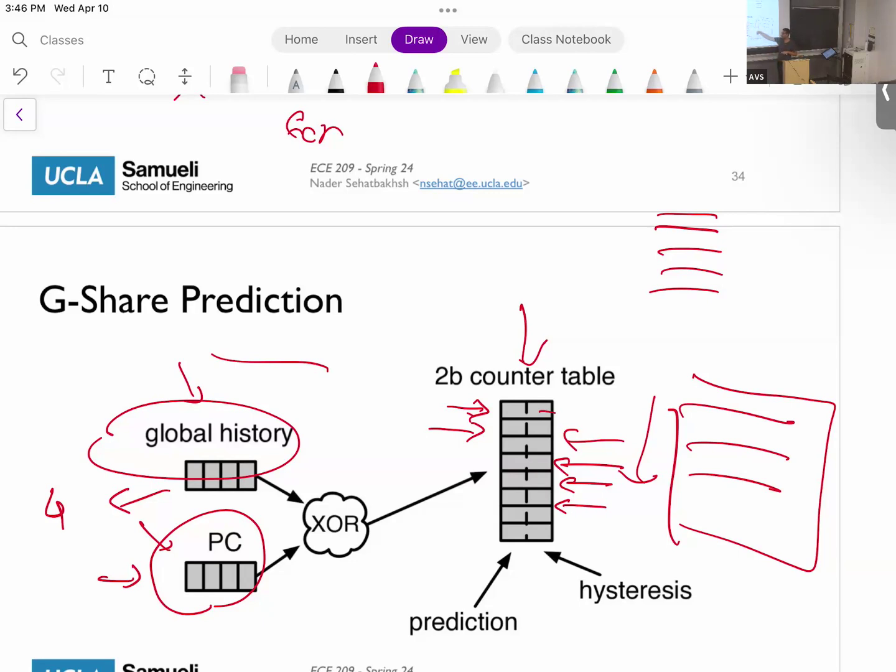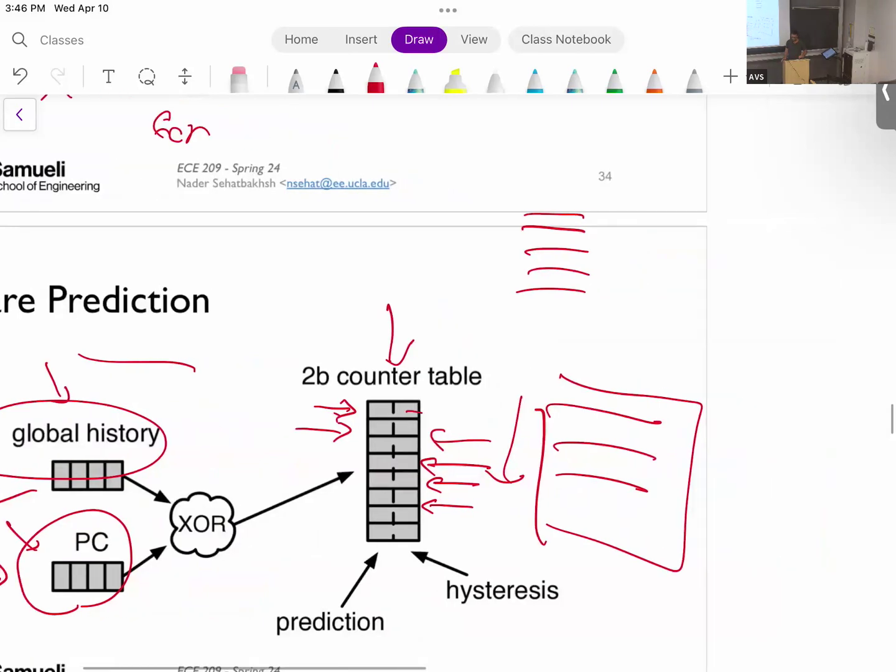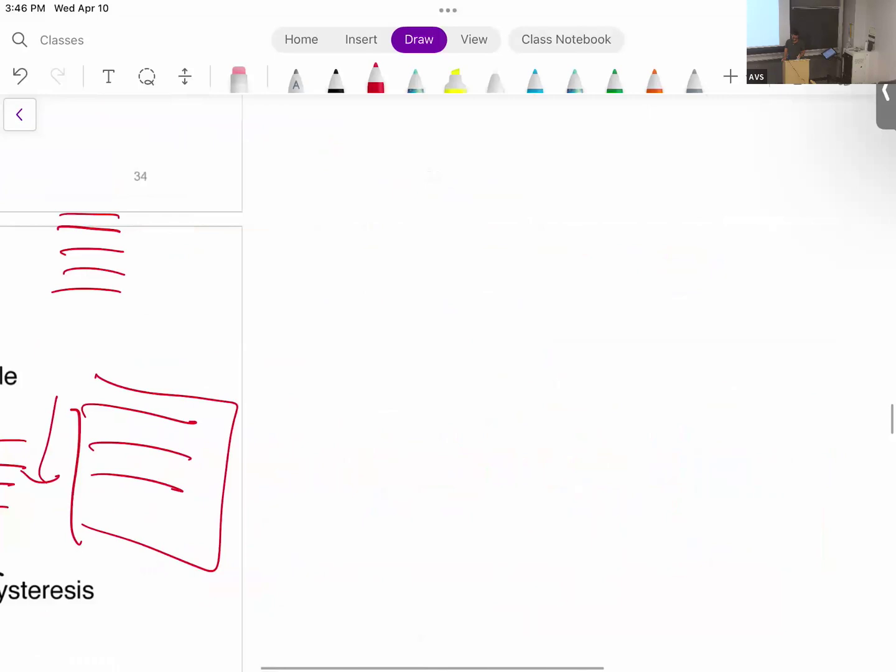Well, if you're going back over and over, at some point you're going to see the repeated entries. Actually, that's exactly what you want. So let's say you have a for loop and an if statement inside, right? So your PC always stays the same. Let's say this is 1000, and I want to predict this.